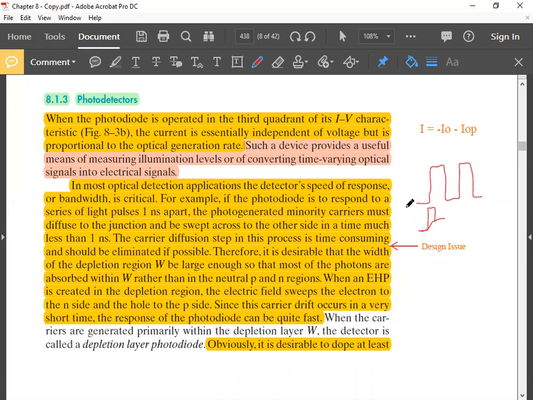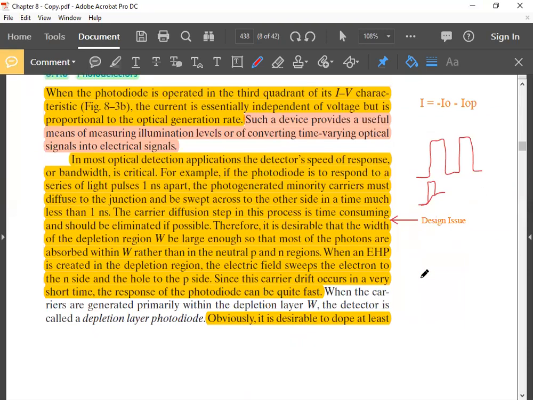The photodetector must detect this variation very quickly. Otherwise, before the detection is complete, the light pulse level will change, so it will not detect the variation of light correctly, and data will be lost in that case.